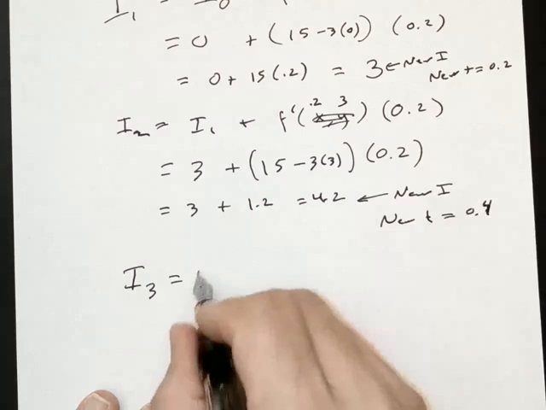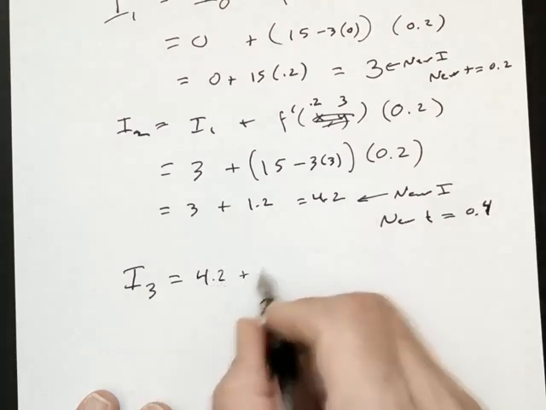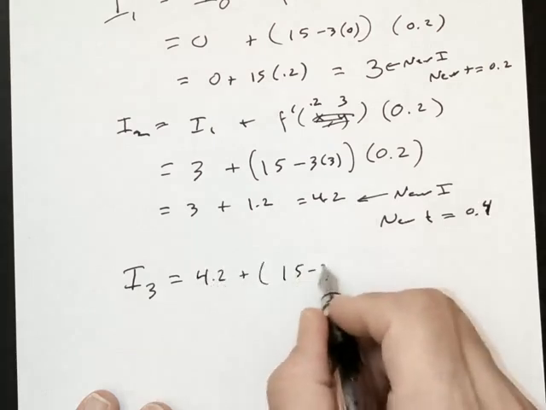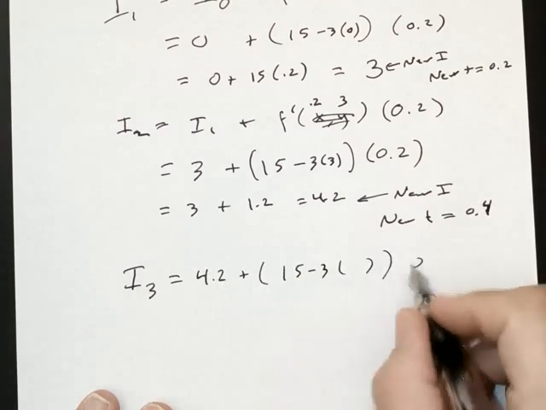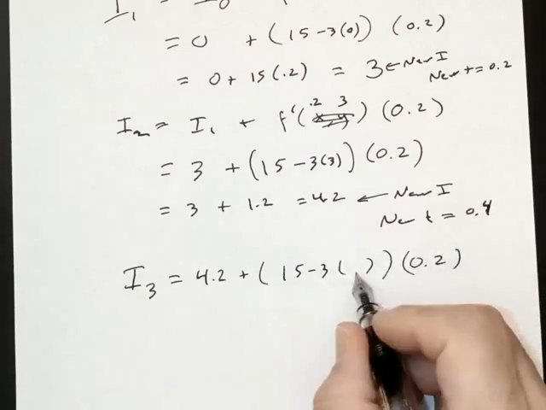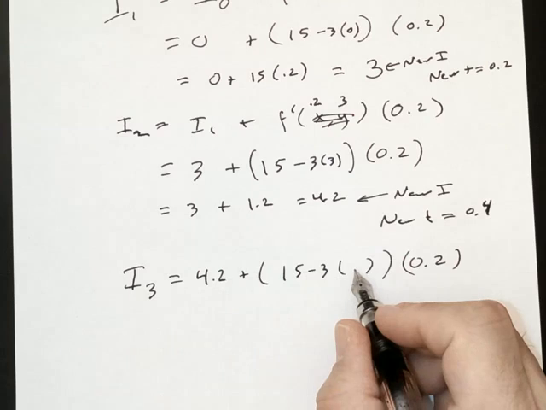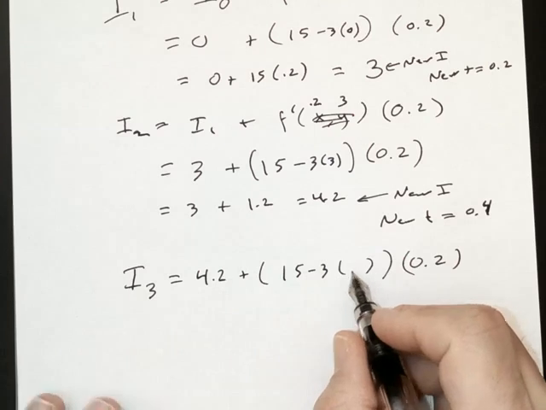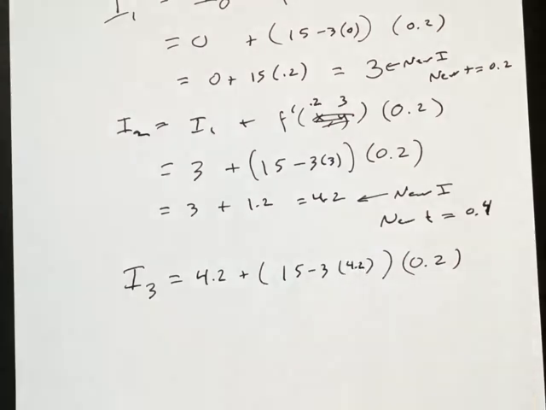Okay, it's my new I: 4.2 plus 15 minus 3 times something times 0.2. What number goes here? It would be the 4.2.